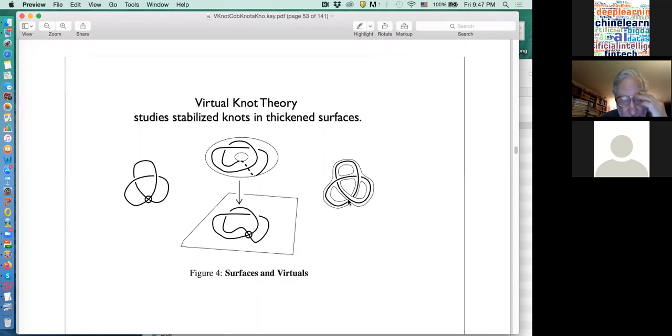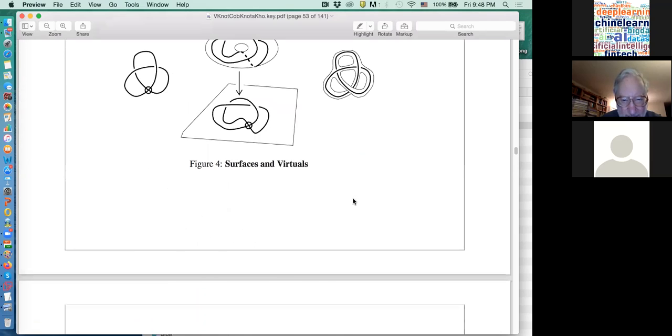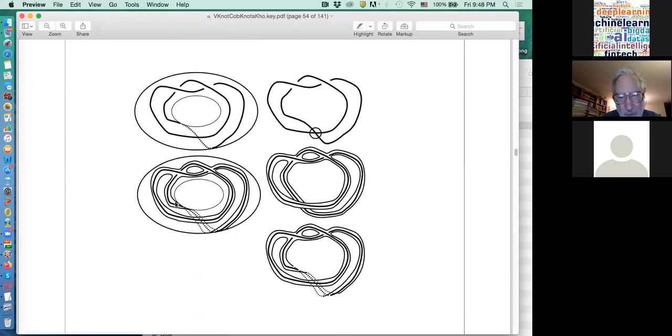The projection of the disjoint arcs becomes the virtual crossing. On the other hand, we do not think of this as embedded in three-dimensional space. We are just using that as a crutch drawing. It's an abstract surface. And by the same token, you can go backwards. You can start with a knot in a surface, form the neighborhood, extract it, and project it.